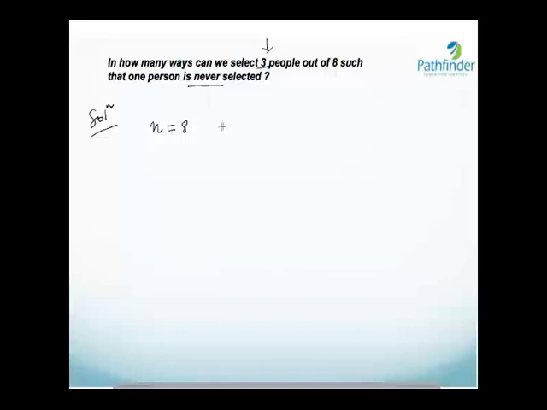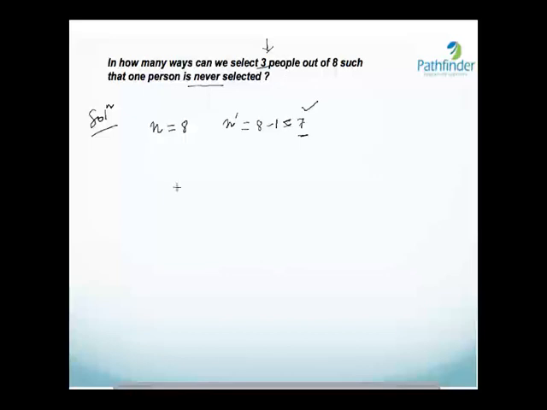So what is the effective value of n? Effectively, n reduces to 8 minus 1, that is equal to 7. Because if we cannot select one person, what is the point in having him from the group of possible selections? So we ignore that one person and now we assume that the selections can be made from only 7 people.